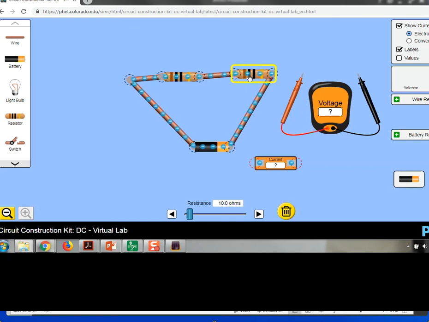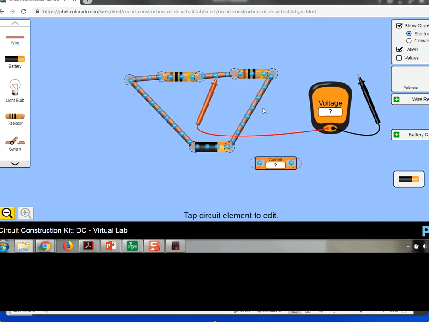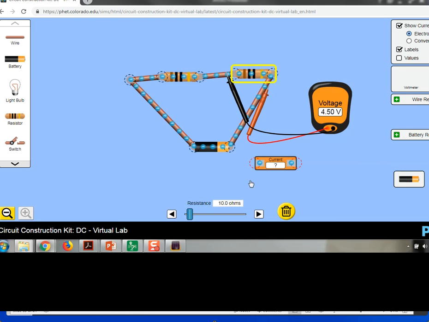You can also click on any of the resistors and see what its resistance value is, and based on that you can begin to measure the voltage drop across one of the resistors. If I click on this and change the resistance to a higher value, you can see that there's more voltage drop across that resistor.